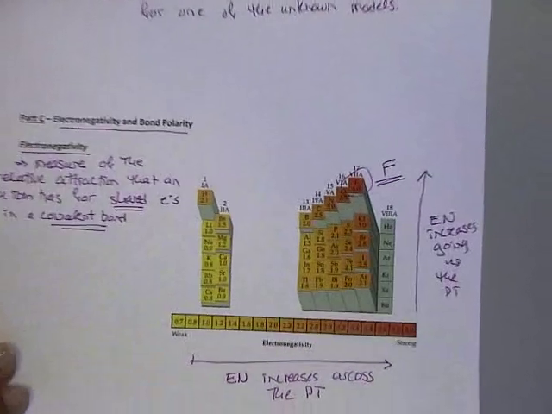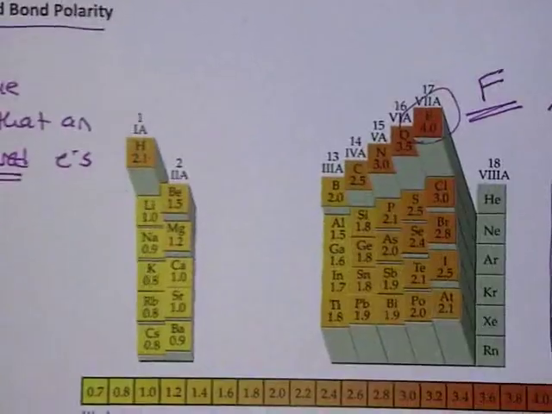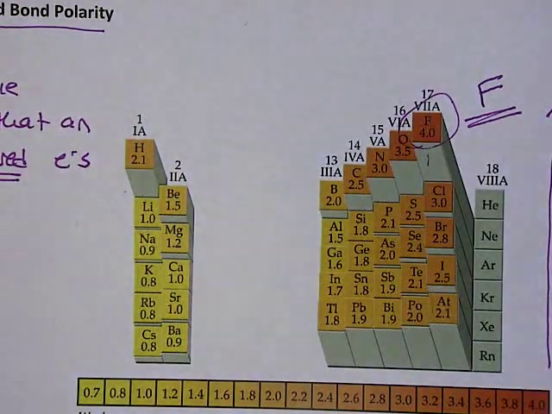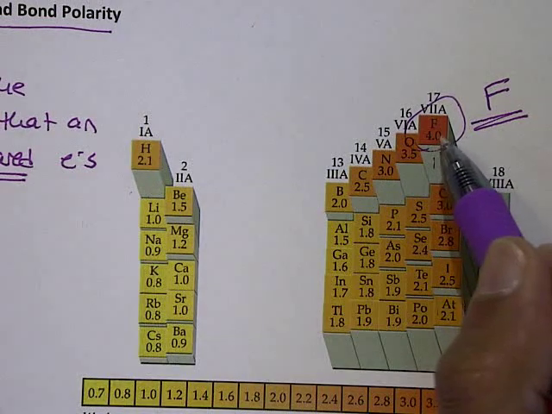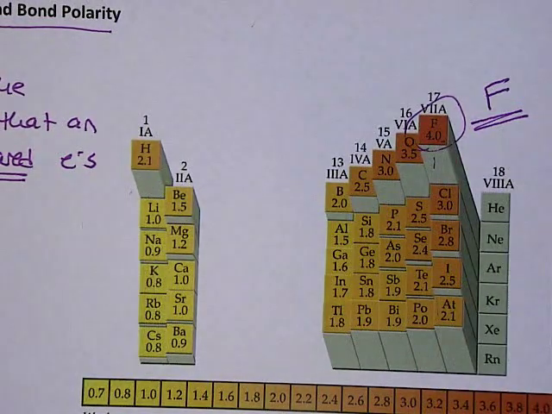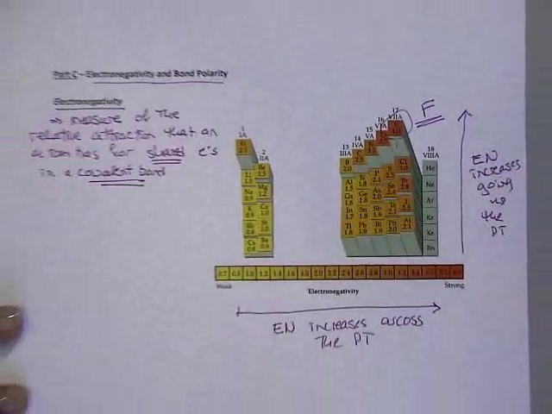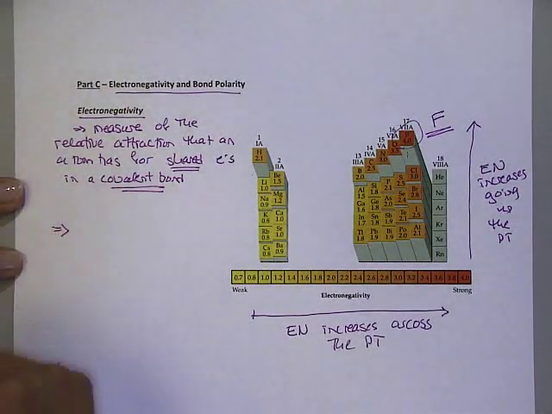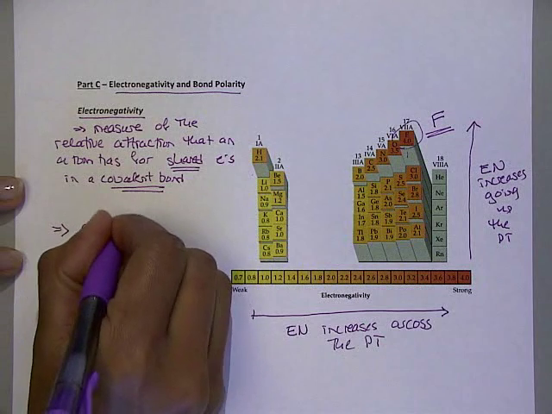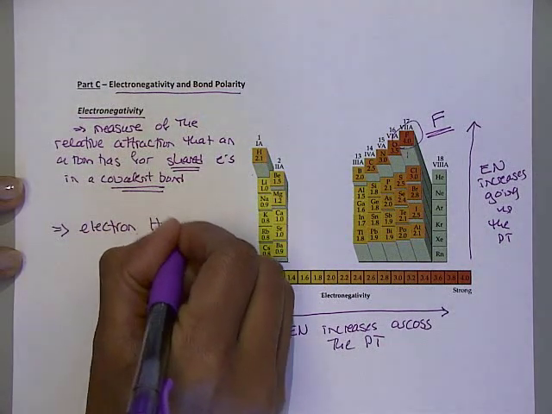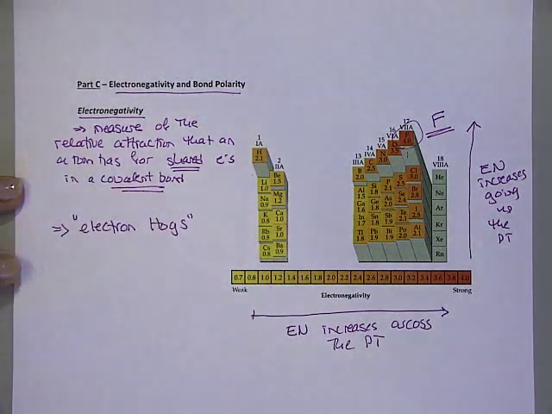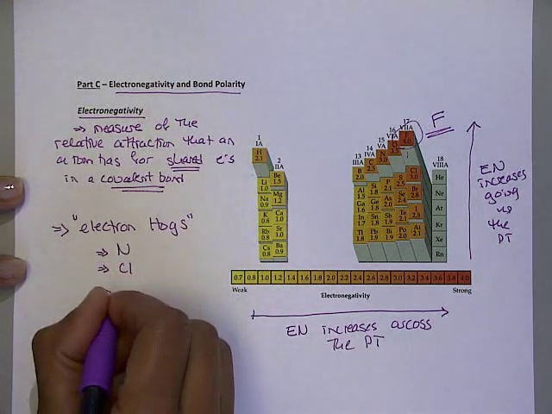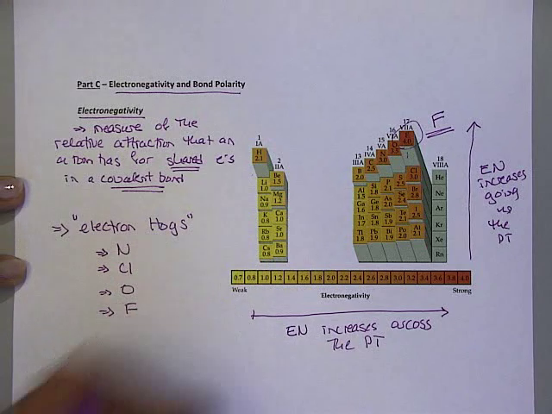Another really great rule to know is, again, you're not going to be given electronegativity values on exams, you're just going to be given your usual periodic table, but really the closer you are to fluorine, the more electronegative you are. We also have 4 elements in the periodic table that we refer to as electron hogs. These are the most electronegative atoms in the periodic table: nitrogen, chlorine, oxygen, and fluorine.